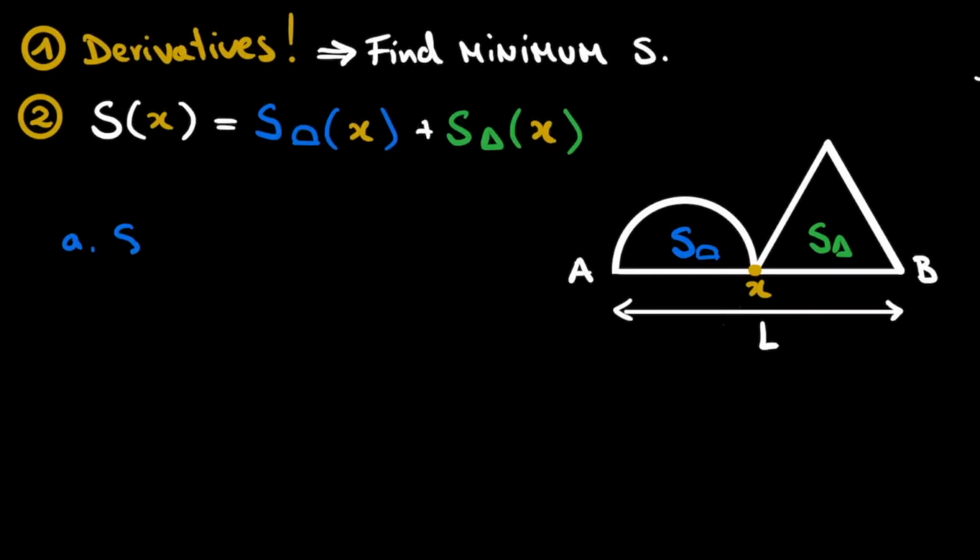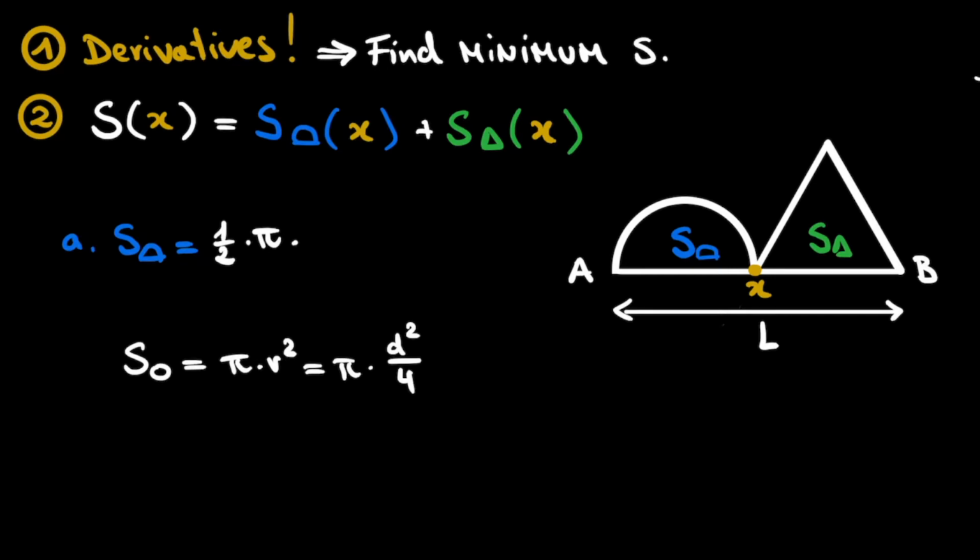First, we look at the surface of the semicircle. This is quite straightforward because we see that the distance that is taken as the diameter of this semicircle is simply the distance x. And because we know that the surface of a whole circle is written as pi times r squared, or pi multiplied by the diameter squared divided by 4, we find that the surface of our semicircle is equal to 1/2, because we're dealing with a semicircle, multiplied by pi, multiplied by the diameter squared, but the diameter in this case is simply x, so we have x squared divided by 4.